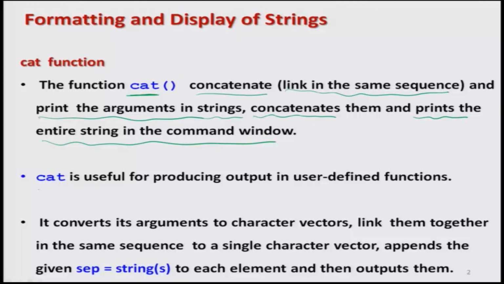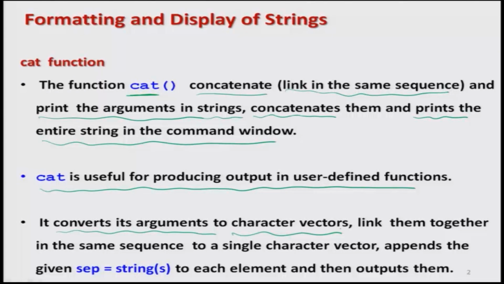So this cat function is more useful when you want to produce the output in user defined functions, the way we want the output to be. Basically this cat function converts its arguments to character vectors, then links them together in the same sequence and in a single character vector.